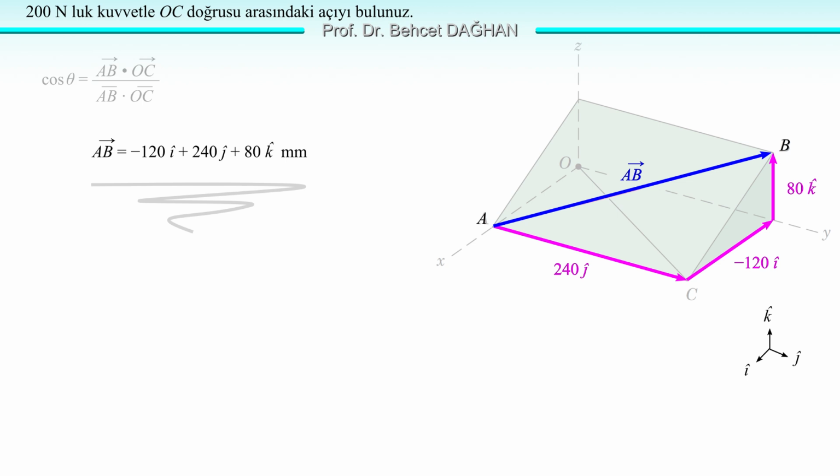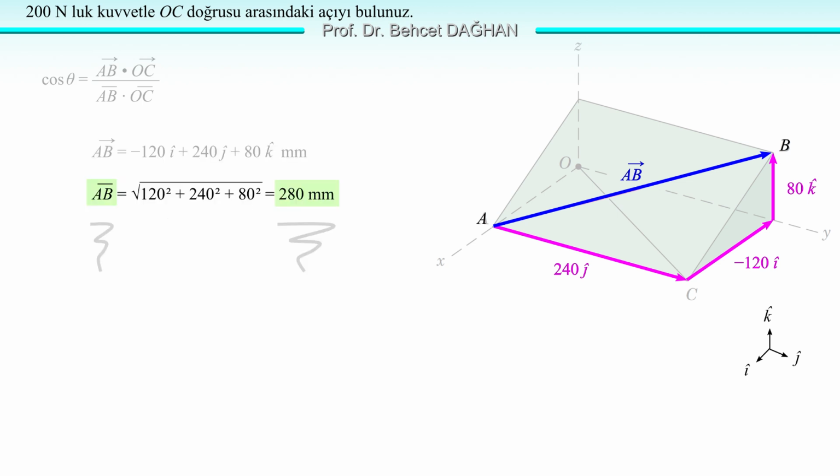First, 240 millimeters parallel to Y in the positive direction. Then, 120 millimeters in the negative direction, parallel to X. And finally, 80 millimeters parallel to Z in the positive direction. I got from A to B. In other words, vector AB is minus 120i plus 240j plus 80k millimeters.